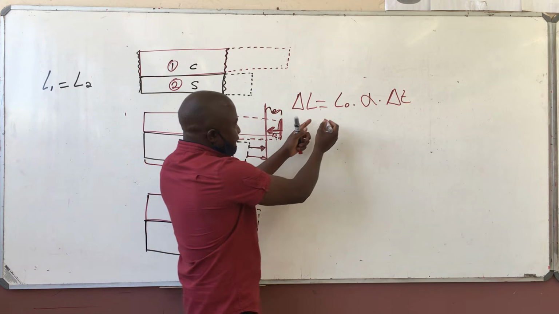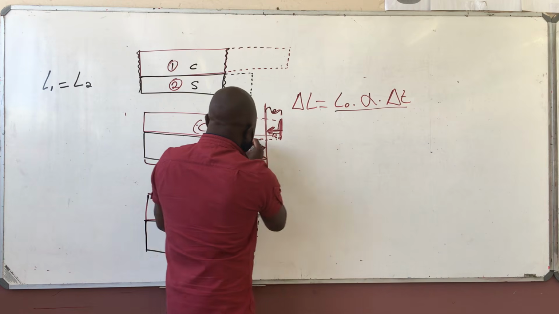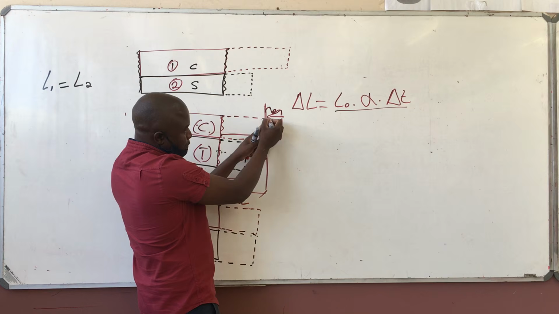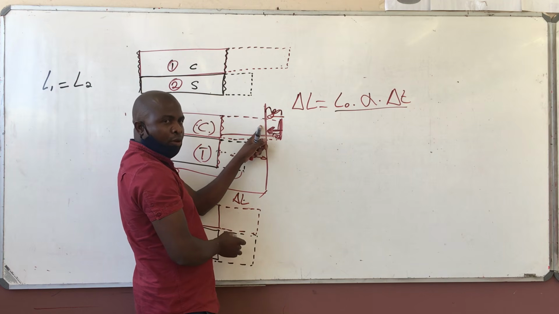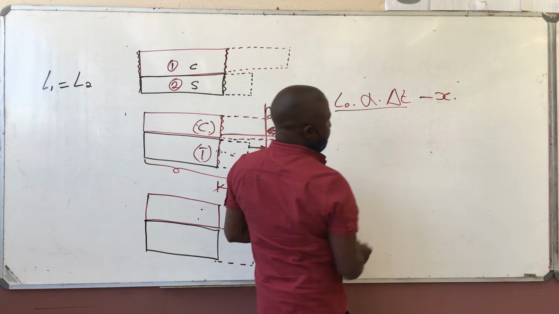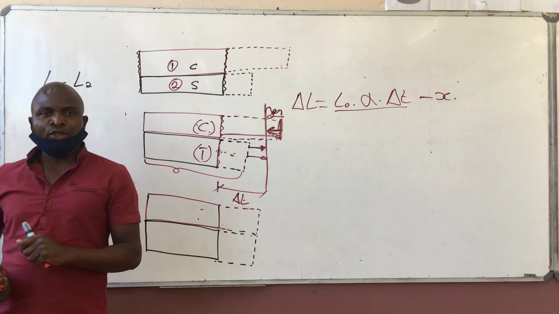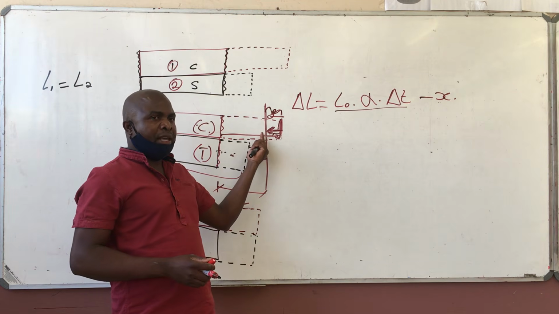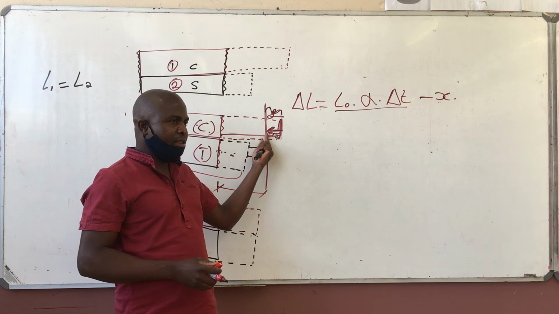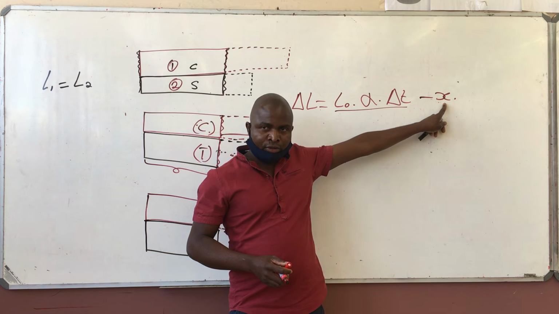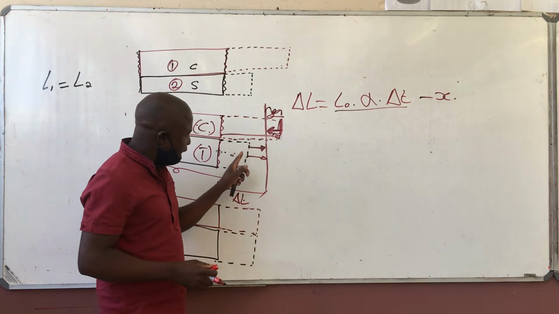So it has increased past this point, and again it has been pulled backwards by a force. And we said this will be the change in length due to a force. For the fact that it's being pulled back, there's a change in length there due to applied force. This applied force is being applied by this one.